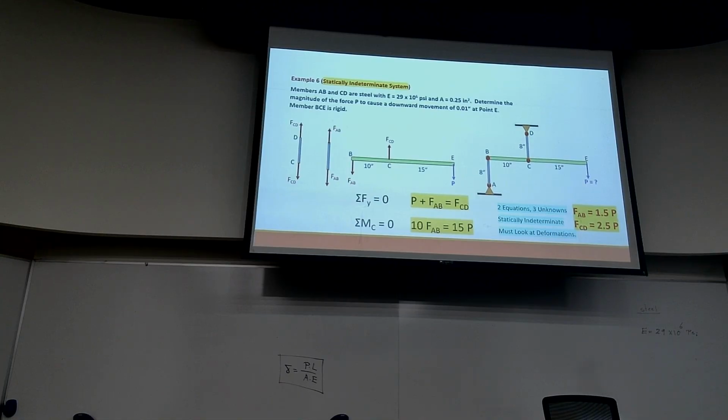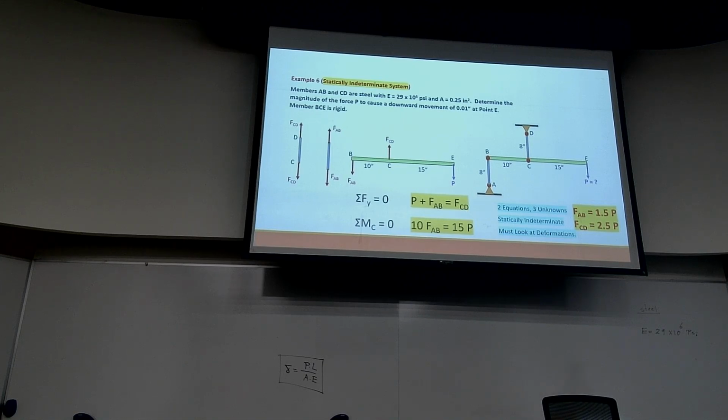So we have a rigid member. There really is no such thing as a rigid member. The forces are big, everything is going to deform. But when we say something is rigid, it means that in comparison to the other members shown in blue, the deformations are very small.